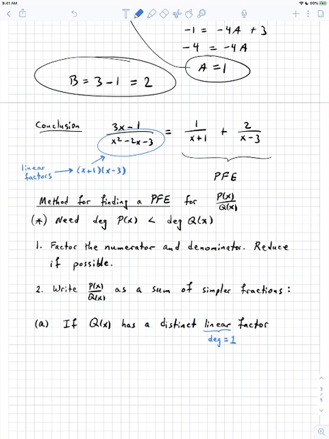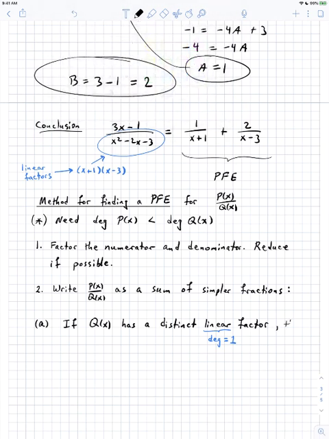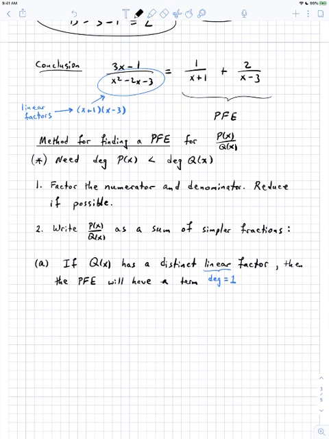So if q(x) has a distinct linear factor, then the partial fractions expansion will have a term corresponding to it. So let's say that the distinct linear factor is x minus a.